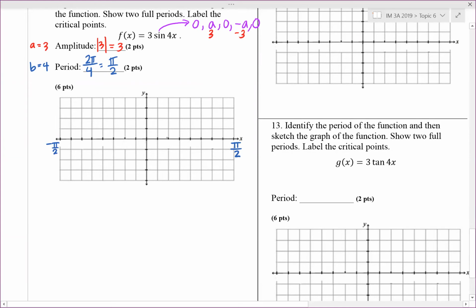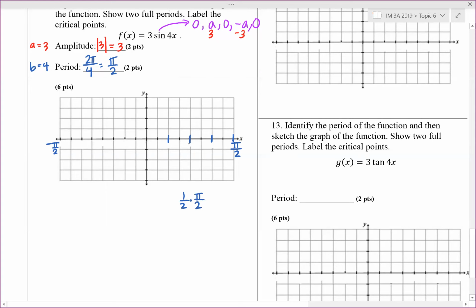Remember that these are evenly distributed. So I'm identifying every other x value here. That's why the graph's wider than it is tall. This is a full side, so I'm cutting it into equal parts. If I find half the distance between pi over 2 and 0, I'm multiplying half times pi over 2 to get this middle value.